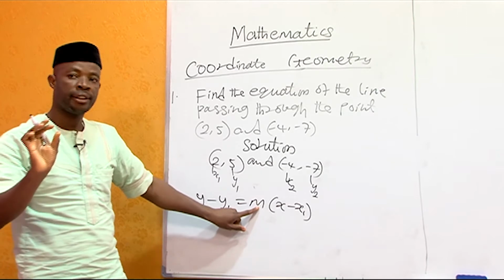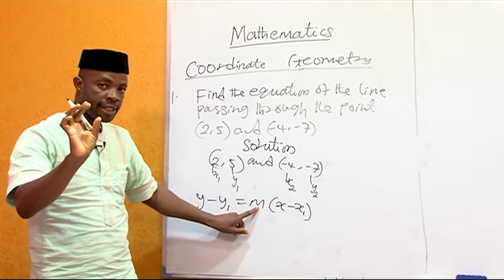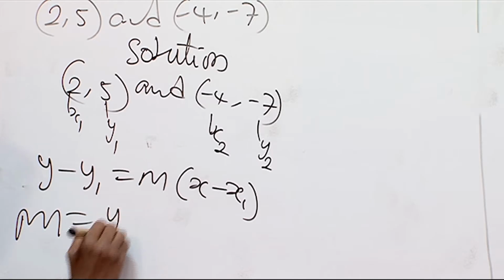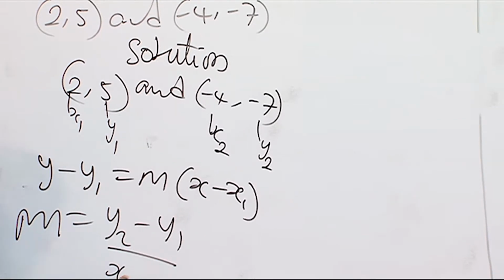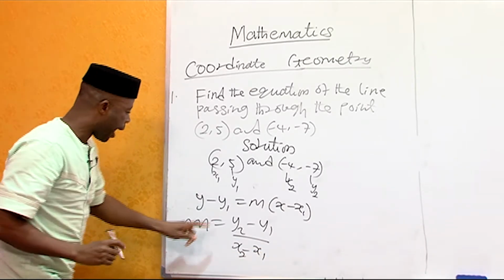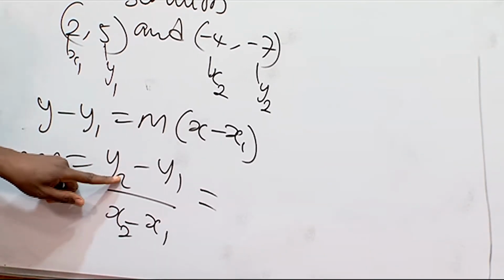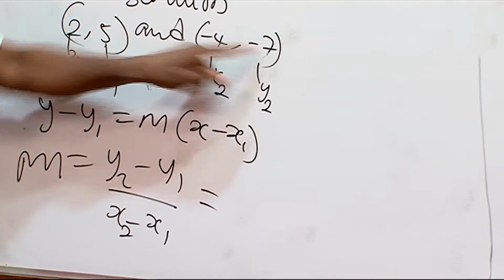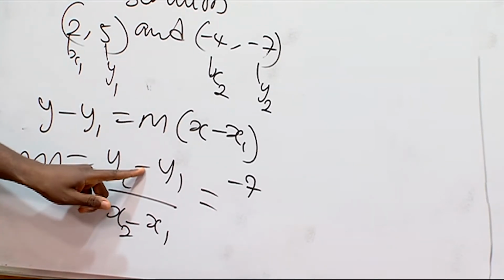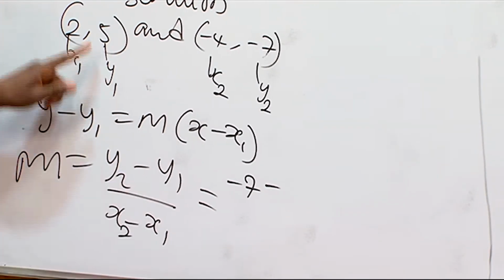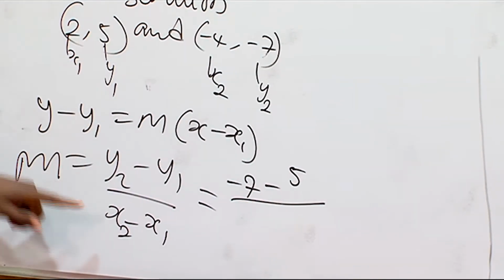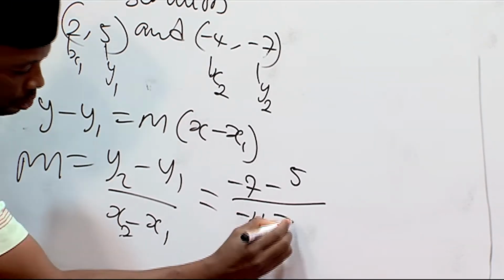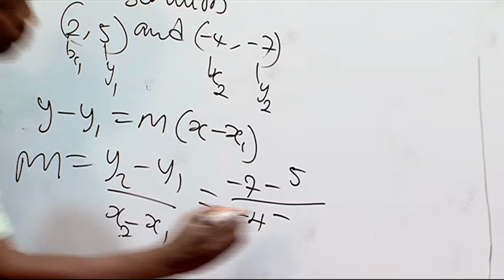So we need to find the gradient. If we are looking for the gradient, we use the gradient formula. m equals y2 minus y1 over x2 minus x1. y2 is -7, minus y1 which is 5, over x2 which is -4, minus x1 which is 2.